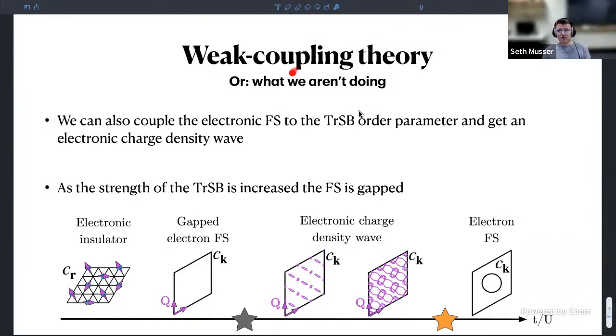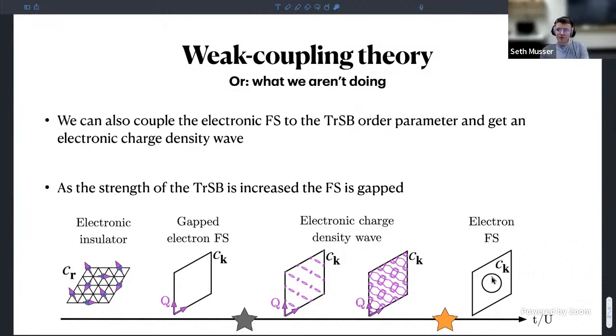So just as an aside, one way that you could try to think about a metal insulator transition at these fractional fillings is a kind of weak coupling analysis. But we don't do that. I will just summarize it here because it's a popular approach in some of the literature.